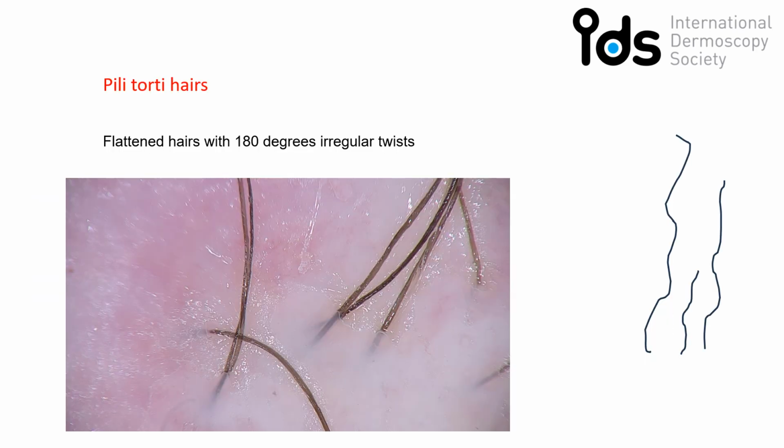It is not uncommon, in about 50% of the affected scalp in the patches, to see so-called pili torti hairs. The pili torti hairs are flattened hairs with 180 degree irregular twists, like shown here in the picture. You can see that they can be single or they can be organized in mini tufts.